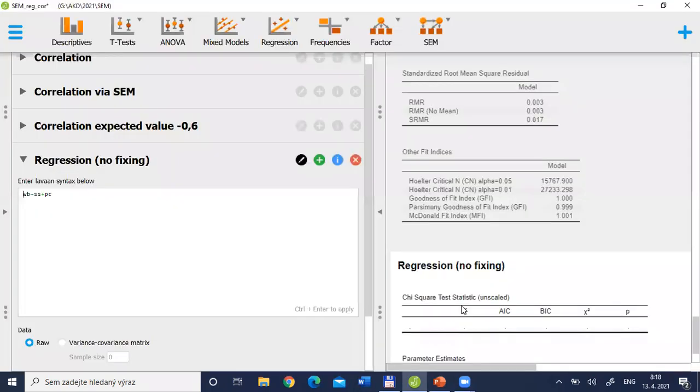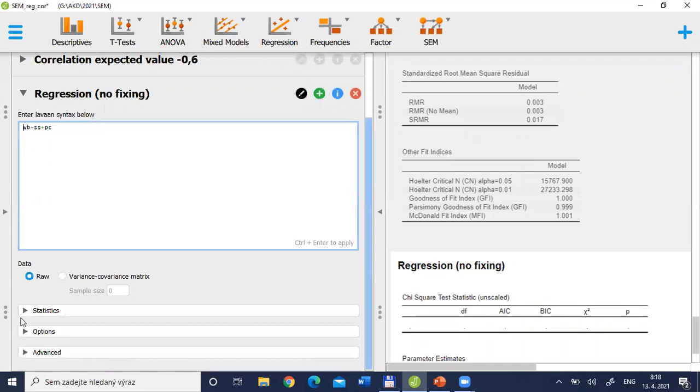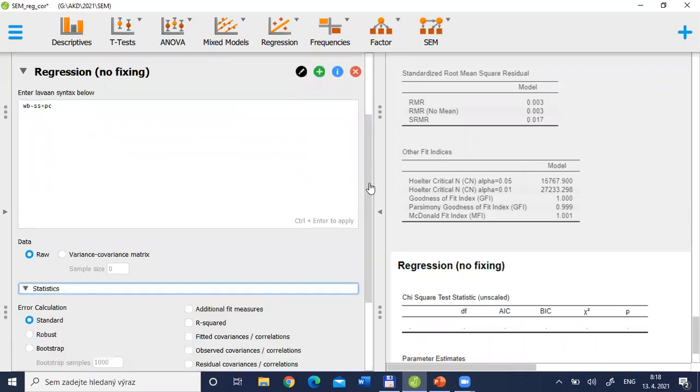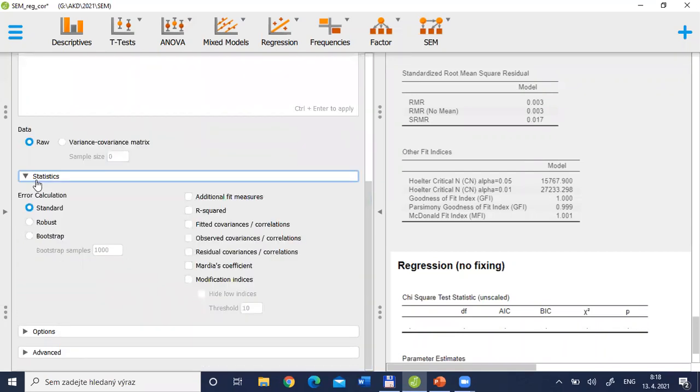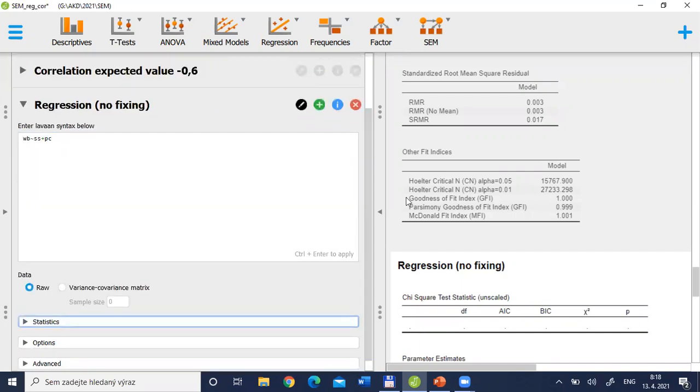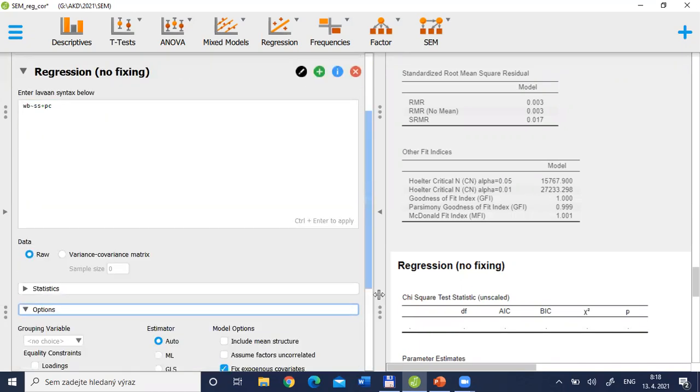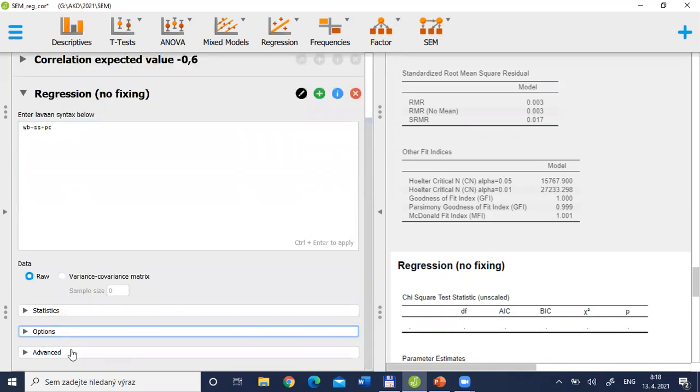If you would like to run the results, first of all, it is maybe good to add some outputs. So I would ask for statistics, for additional fit measures. These are the CFIs, TLIs, etc. And maybe we can also go to options, but I guess no more output is necessary.